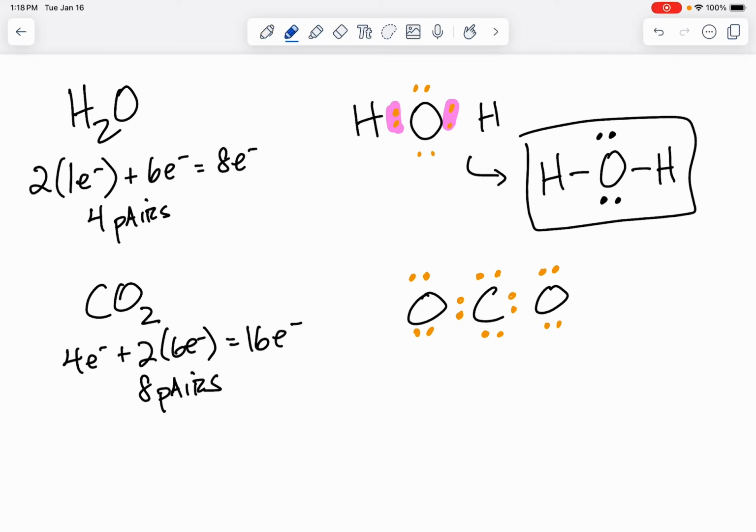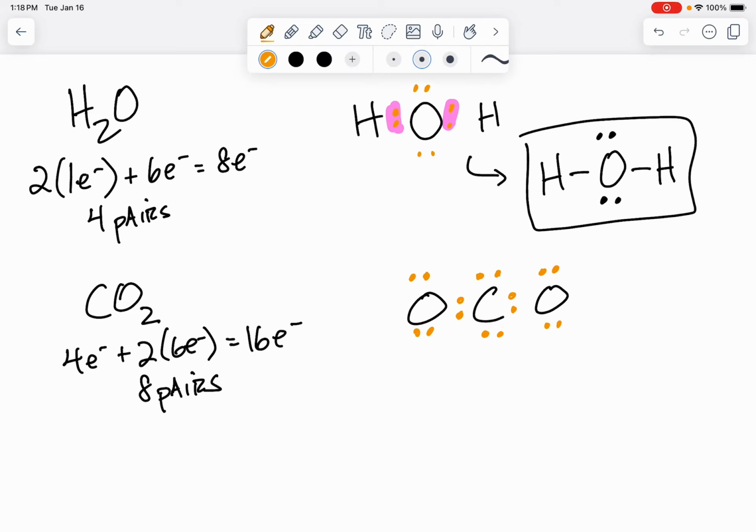Now, around the central atom here, we have an octet, but we don't have an octet around the oxygen. So if we were to circle the 2 lone pairs and the bonding pair, we only have 6, and that's the same on the other side. So that's not going to work.